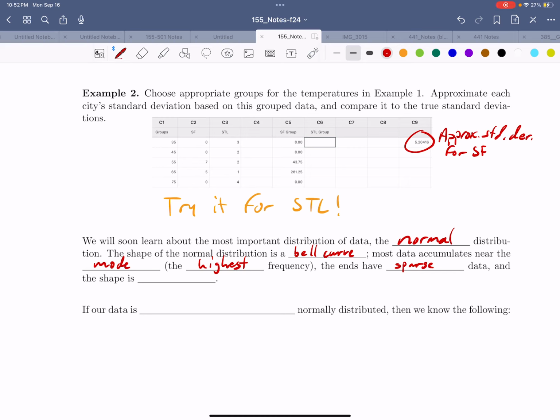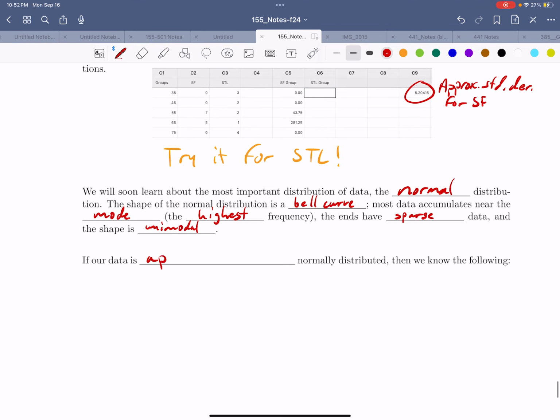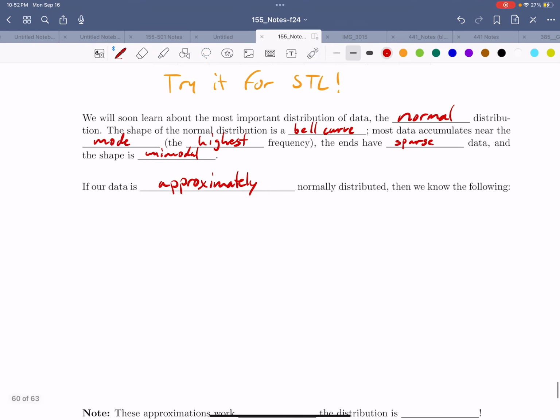And the shape is unimodal. Now, if our data is approximately normally distributed, because nothing is ever perfectly normal, then we know the following.